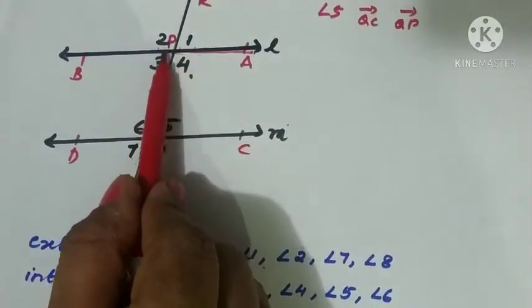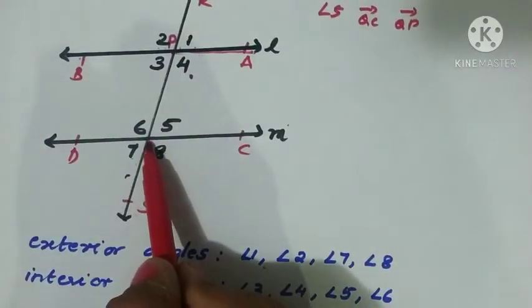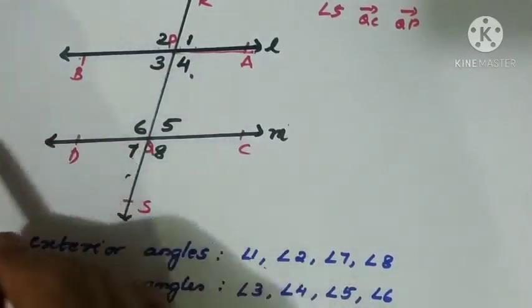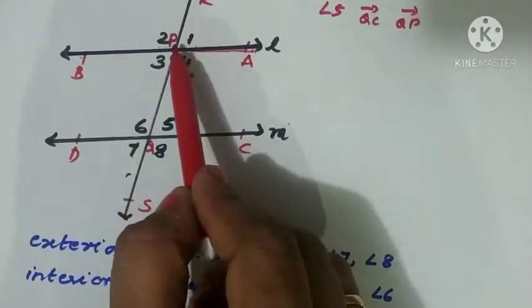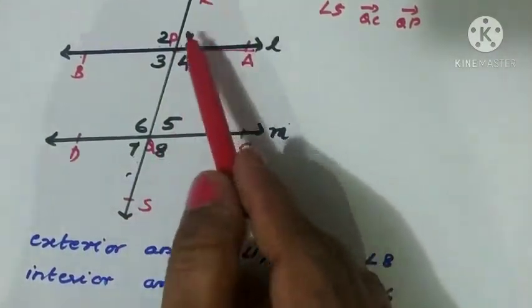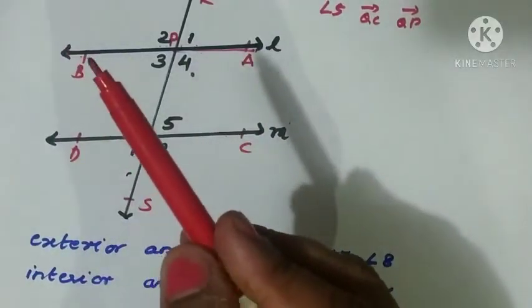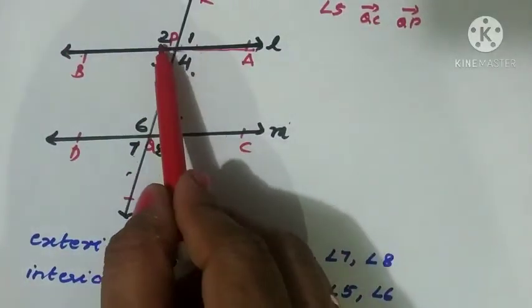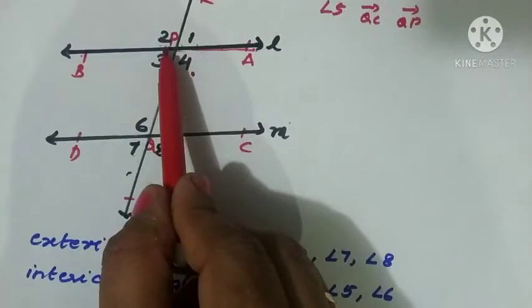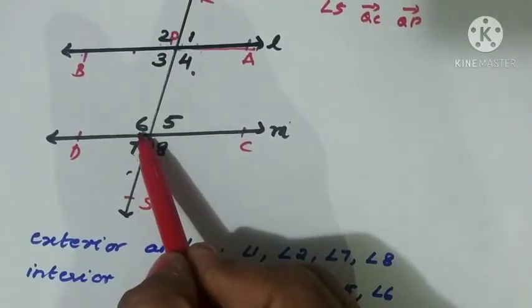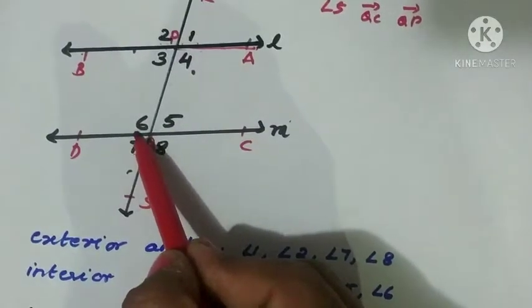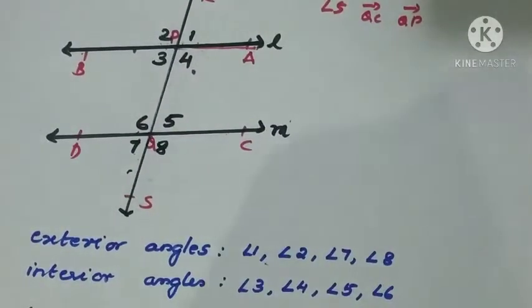Angle 2 is formed by PB, angle 6 is formed by QD, that is on the same left side. Now the second arm is which one? PR and QP, meaning the direction is upward. So angle 2 is formed above the first line and the left side of the transversal. Similarly, angle 6 is formed above the second line and the left side of the transversal. That means these angles are lying in the same place.